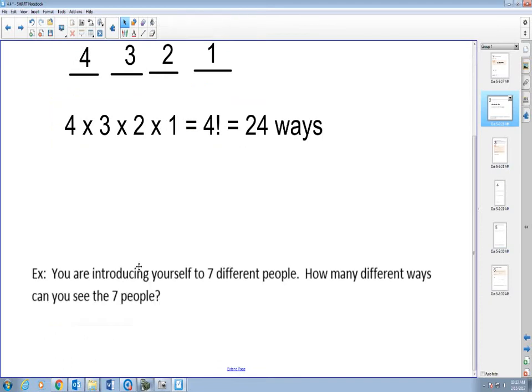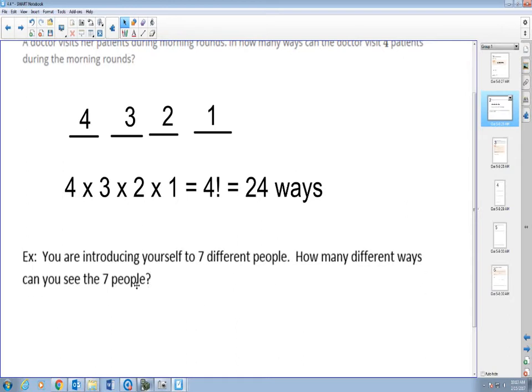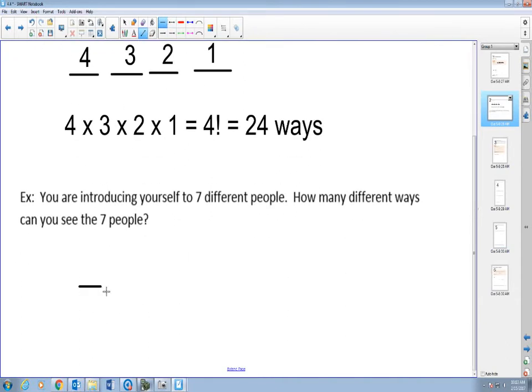Let's say you are introducing yourself to 7 different people. In how many different ways can you introduce yourself to the 7 people? Once you say hello to 1 person, you're not going to go back and say hello again because you already introduced yourself. So this is the same problem. 1, 2, 3, 4, 5, 6, 7.